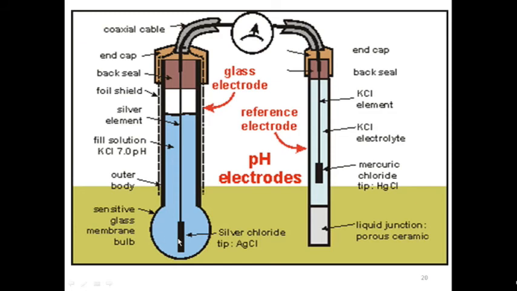The thin glass bulb allows mainly small hydrogen ions to interact with the glass. This glass electrode measures the electrochemical potential of the hydrogen ion, and the reference electrode is needed to complete the electrical circuit.